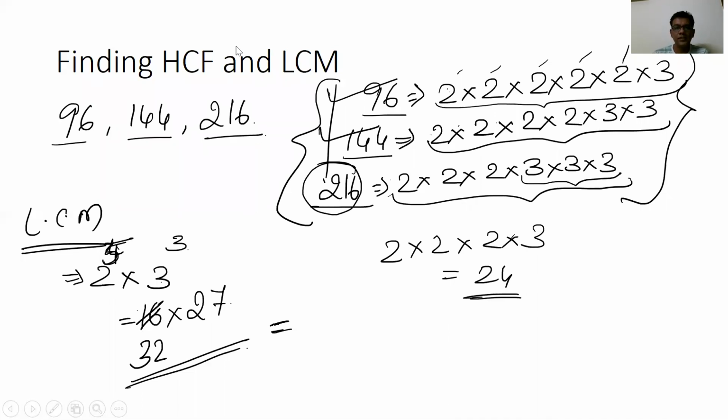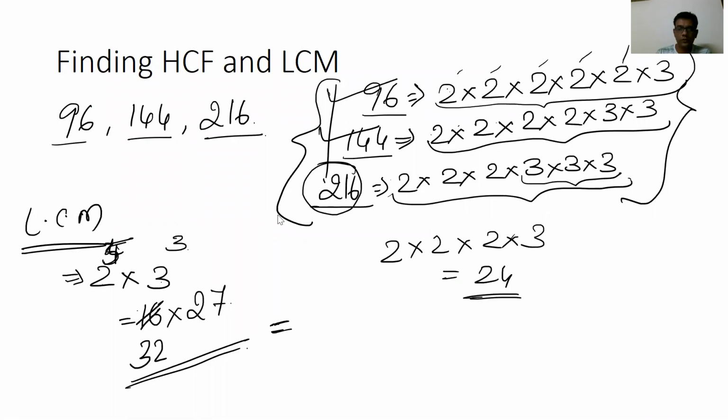Karen says, so basically HCF is lowest powers multiplied and LCM is highest powers multiplied. Absolutely, Karen. So lowest powers, which is common, and highest power, which is available. Thanks, Sheetal. So now this is your HCF and LCM.